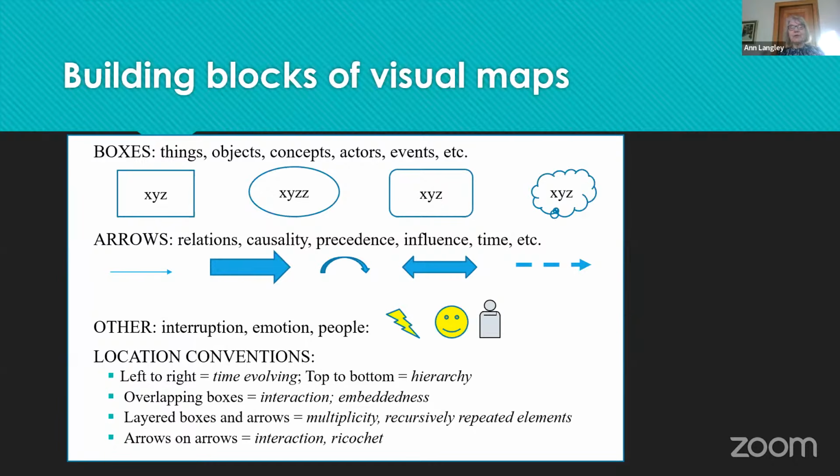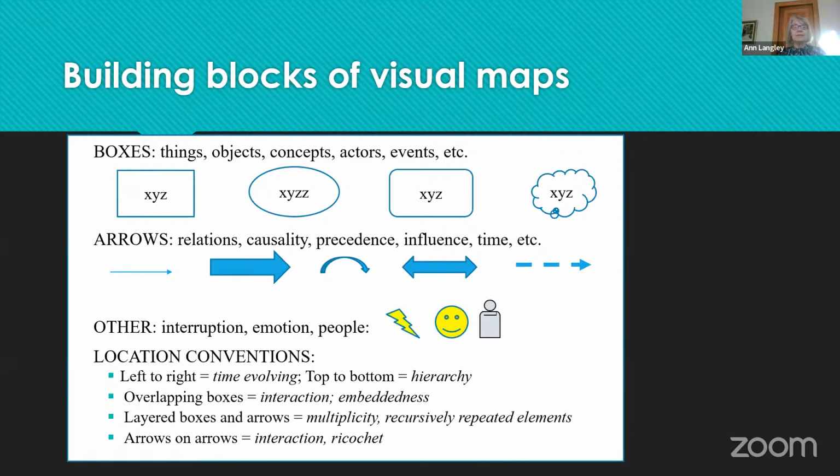Most of the American journals will expect time to go from left to right. Hierarchy goes top to bottom. You can do things with overlapping boxes, boxes that interact, lines that interact, and so on. There are all kinds of ways of doing that.